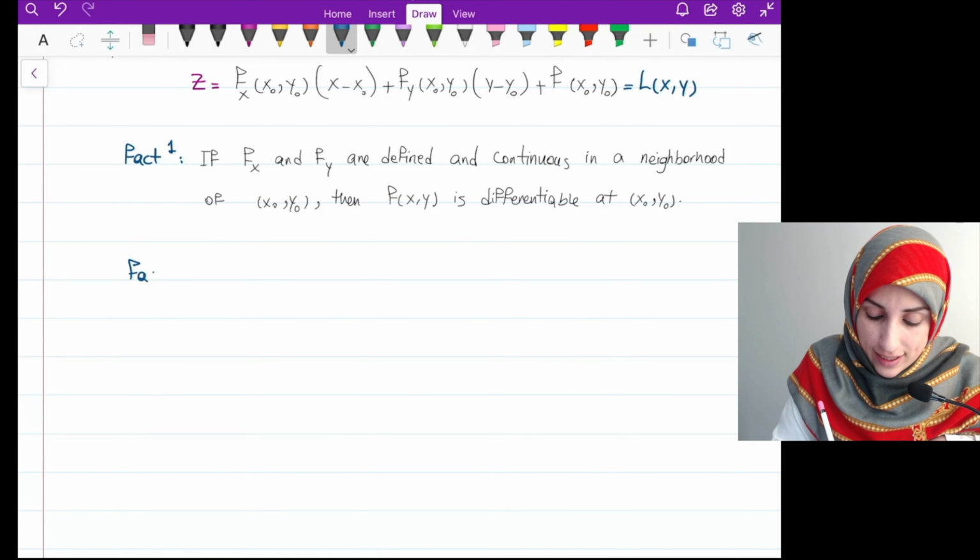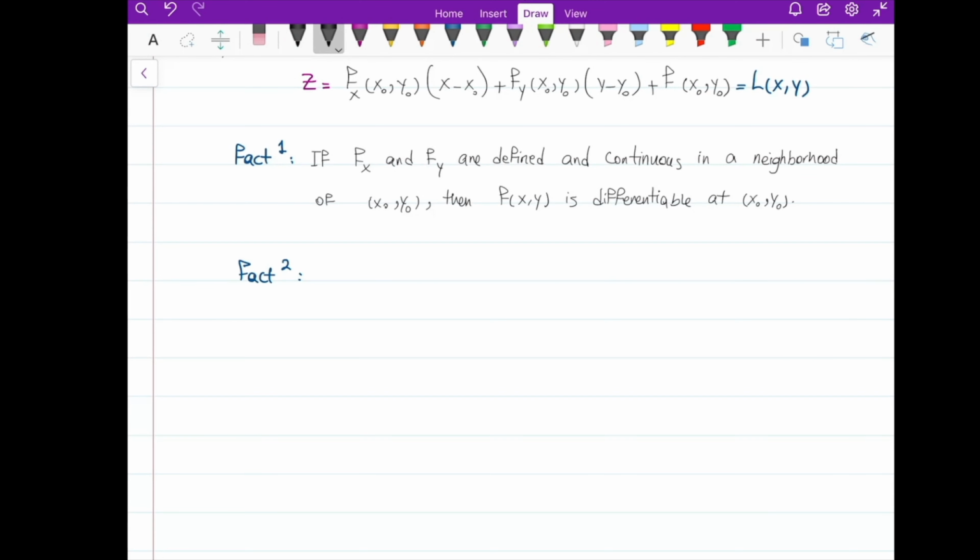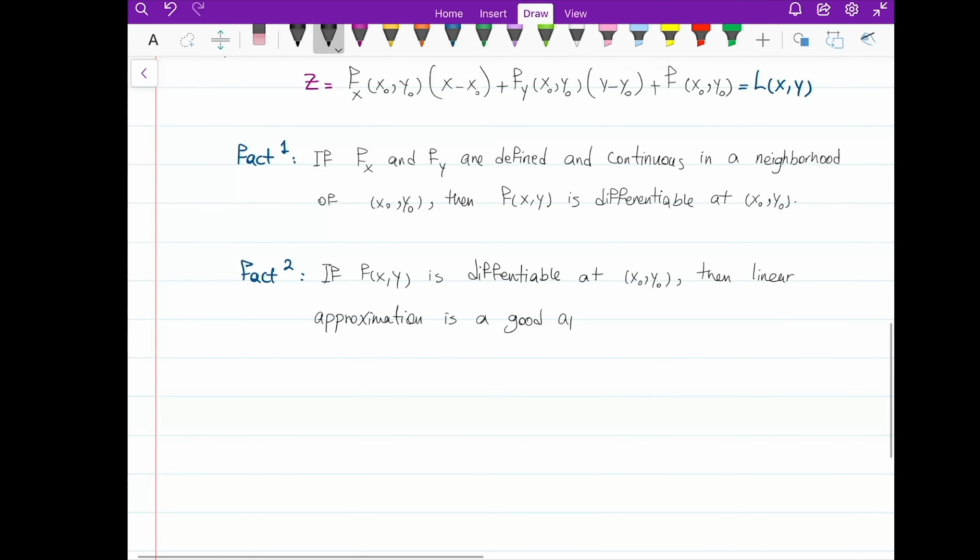And fact two that I want to state is that if the function of two variables f of x and y is differentiable, meaning that the partial derivatives with respect to x and y both exist and are continuous in the neighborhood of x naught and y naught, then the linear approximation at the point x naught, y naught that we defined is a good approximation, and the value of the function at the point a and b is approximately the linear approximation at the point a and b when, what are a and b actually?